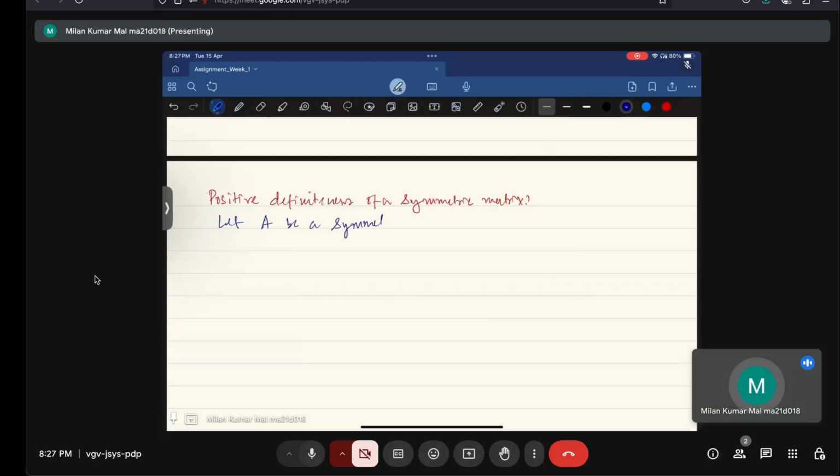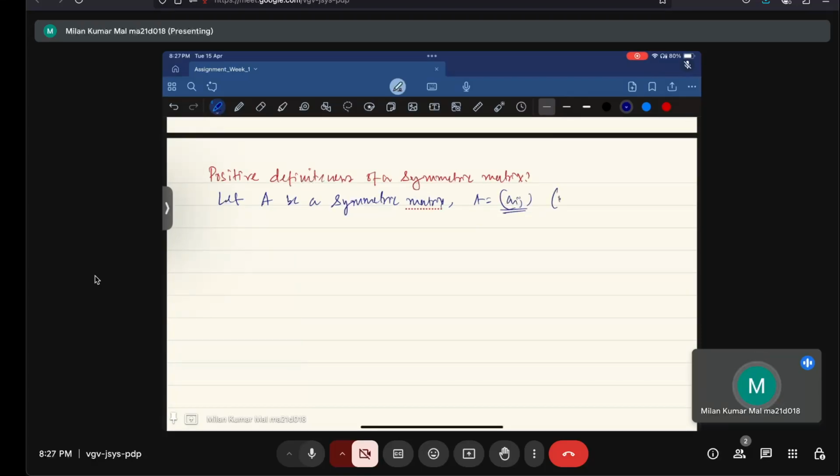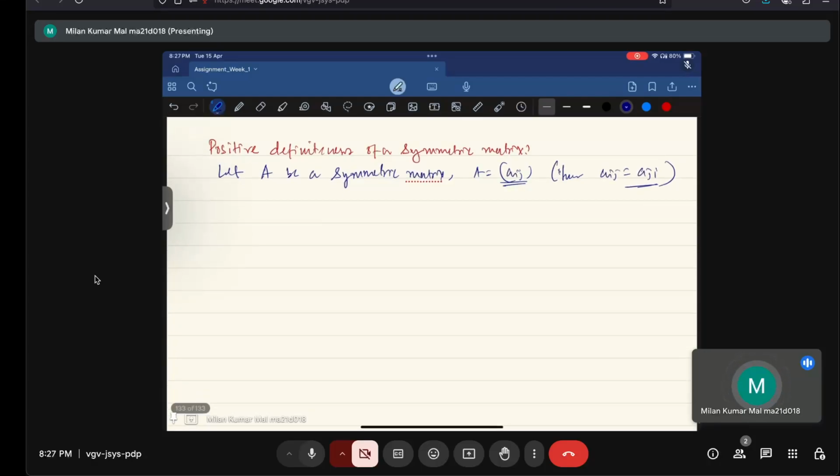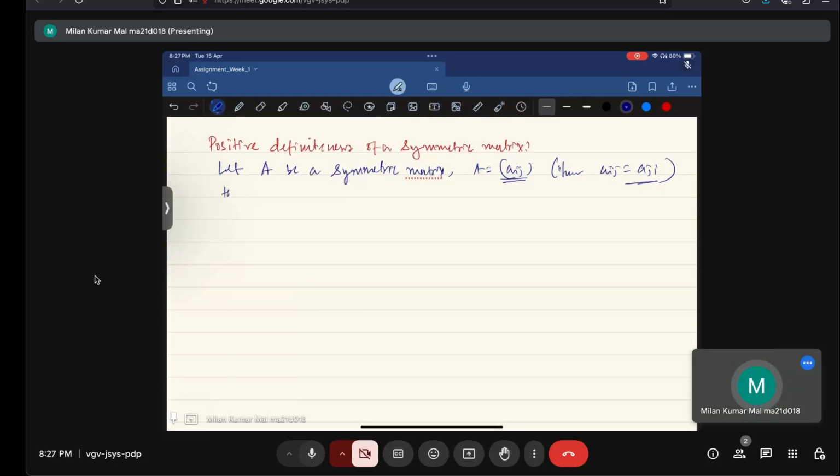Obviously, when I am writing symmetric, that is a square matrix, symmetric matrix where A equals Aij, something like that. Here Aij is equal to Aji, because that is symmetric. So then, A be a symmetric matrix, then A is said to be positive definite.